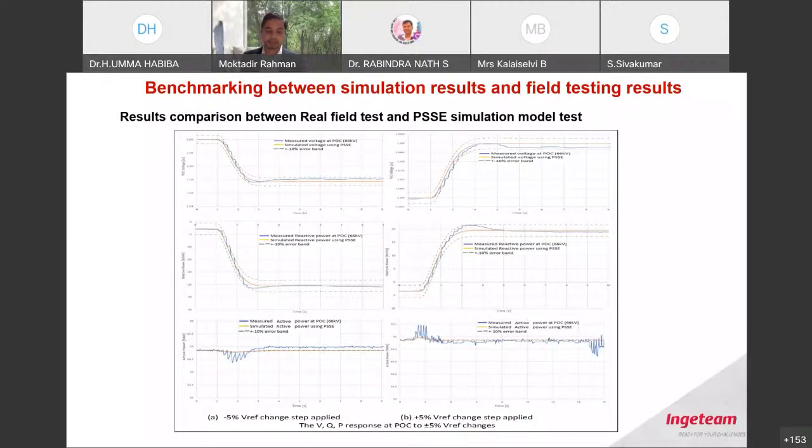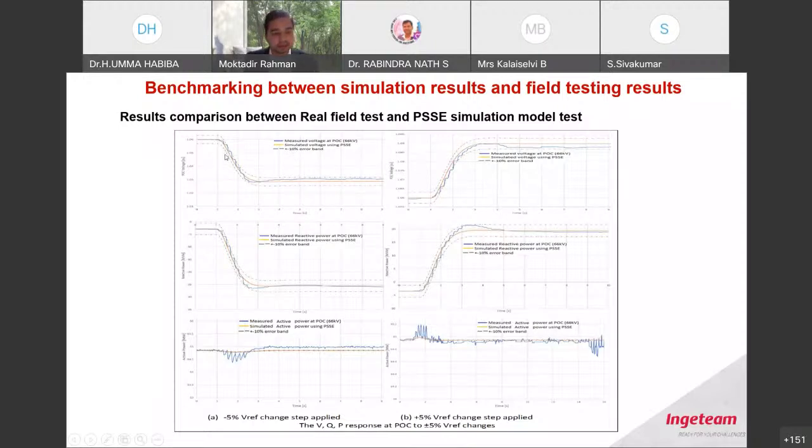As you can see, this is quite interesting to show you how the simulation models have been developed to accurately represent the real solar plant. The blue one is a measured value, the yellow one is a simulated value, and the dotted lines are the error band. We consider a plus or minus 10% error band.